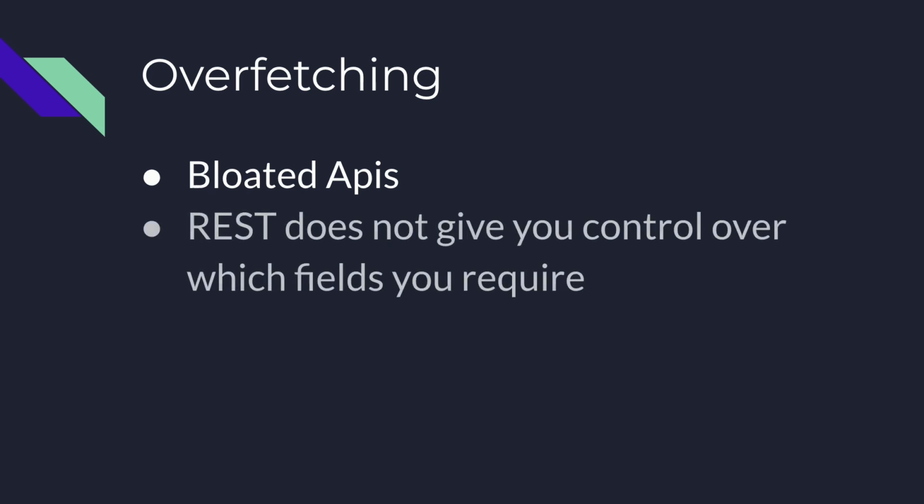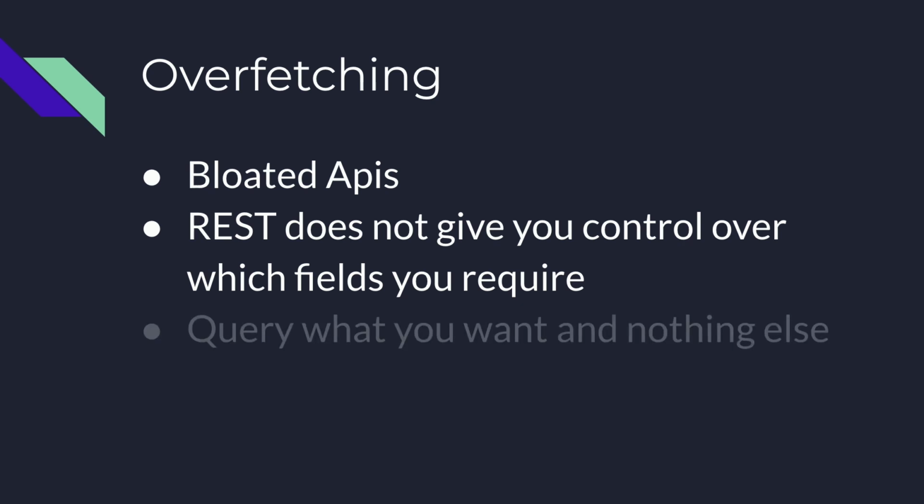REST does not give you control. It was designed in such a way that the backend is modular, but it did not cater to the needs of the client. GraphQL was made in such a way that the client had the control for querying what the client wanted and nothing else.